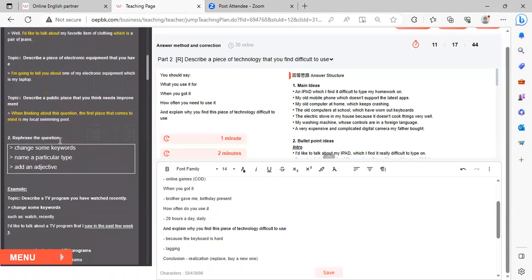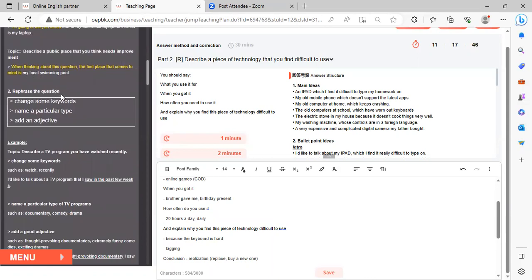Now let's move to the second one. The second method is rephrase the question. So what are the things that you should do if you will rephrase the question? Kindly read. Change some keywords, name a particular type, and add an adjective. Very good. So I have here an example.